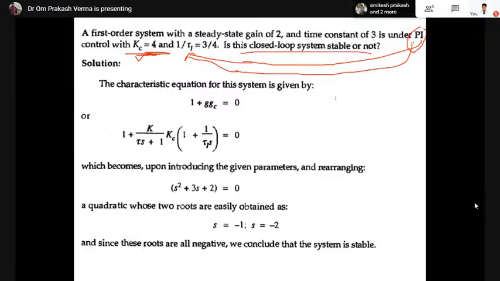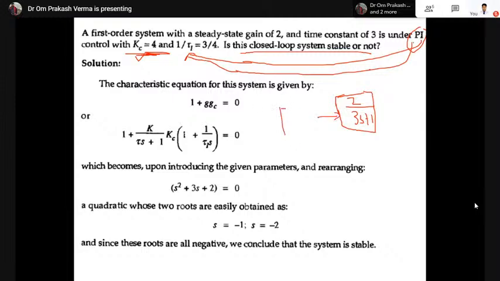Okay, so let's draw the block diagram of the process. This is the diagram of the process, 2 upon 3s plus 1. This is the process, and to the process a PI controller is attached.